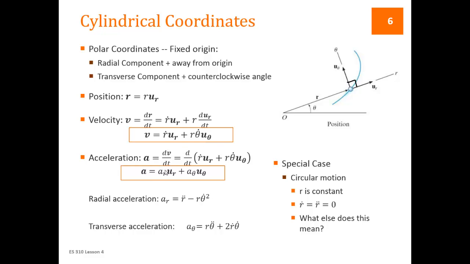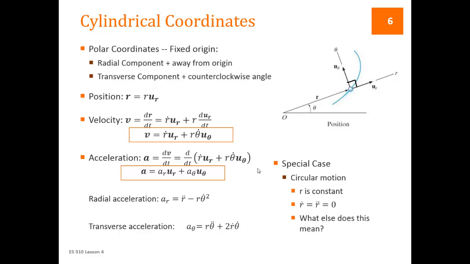You're going to have an AR, a radial part of the acceleration, times UR, plus a transverse part of the acceleration times U theta. The radial part of the acceleration is r double dot minus r theta dot squared. And the transverse part of the acceleration is r theta double dot plus 2 r dot theta dot.